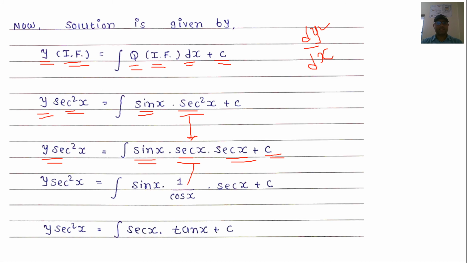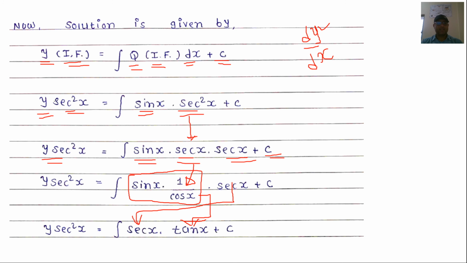Now one sec x can be written as 1 upon cos x. So sin x into 1 upon cos x, sec x, plus c. Now this sin x upon cos x is tan x, and this sec x is written here.